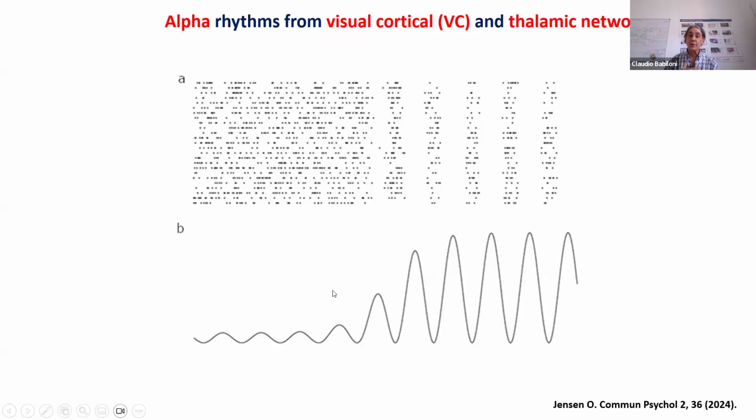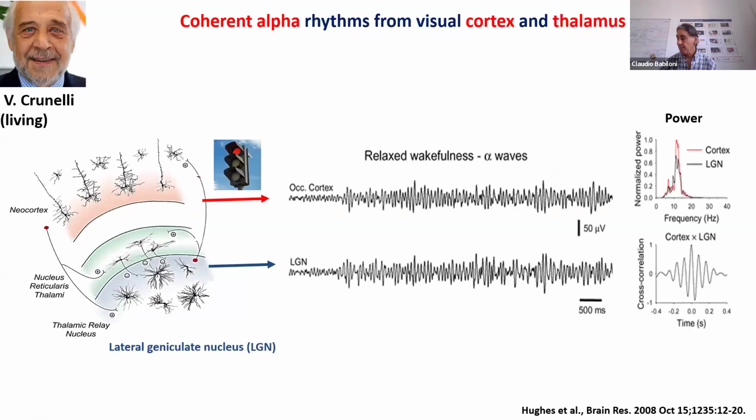So it's not a matter of activity per se of the cortical neurons, but the rhythmic activity of the cortical pyramidal neurons.